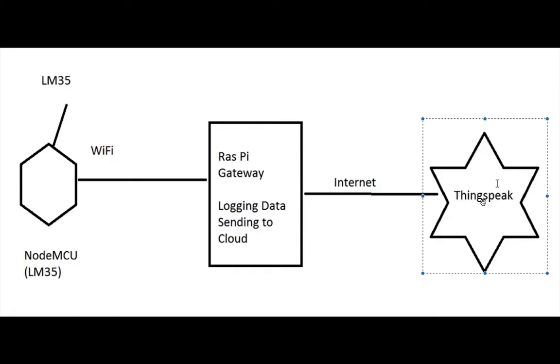Our ThingSpeak server membership is a free membership, so it accepts data with an interval of 16 seconds. If it takes one temperature data point, the next one it will accept only after 16 seconds. So let's say we are collecting one temperature sample per second.